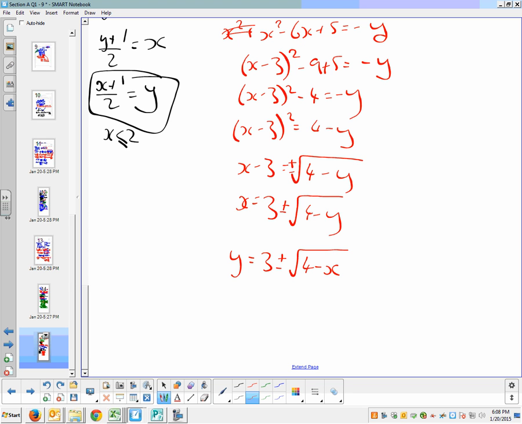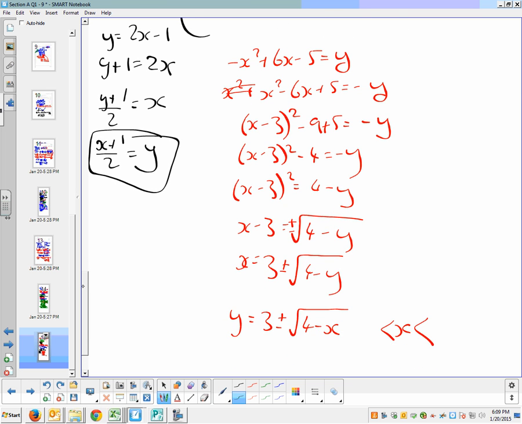And that's supposed to be true for x between... I've got this wrong as well, haven't I? So this is for when y is less than or equal to 2, which would mean that x plus 1 over 2 is less than or equal to 2, which would mean that x is less than or equal to 3.